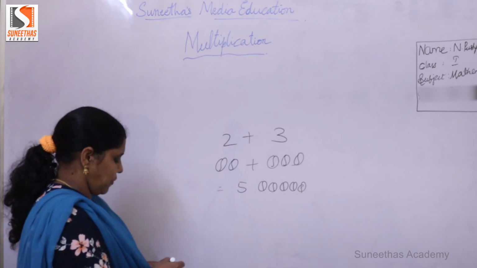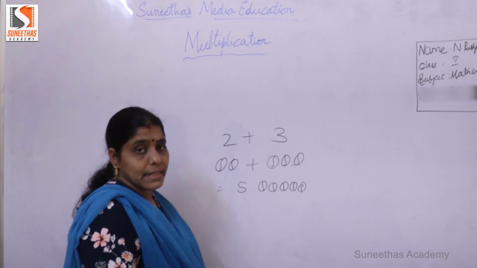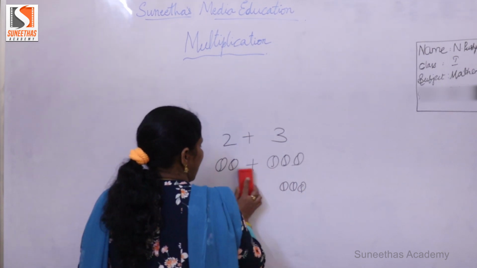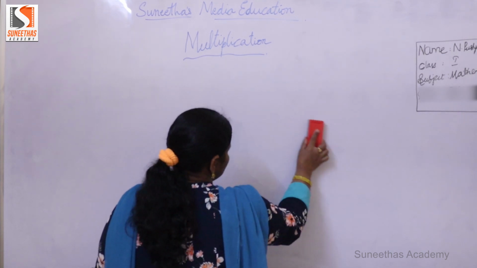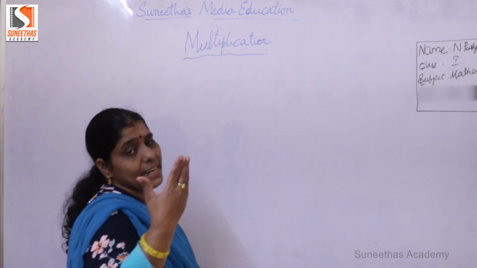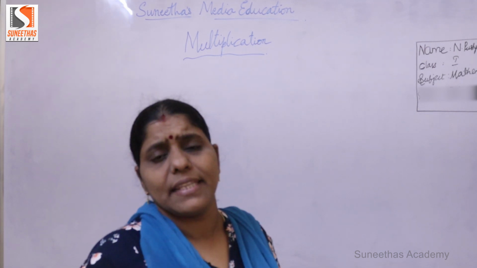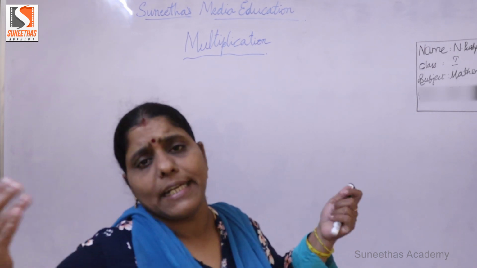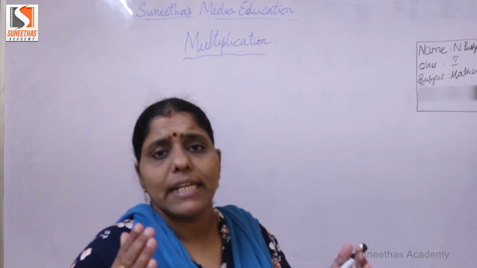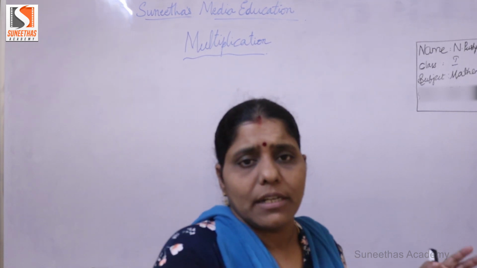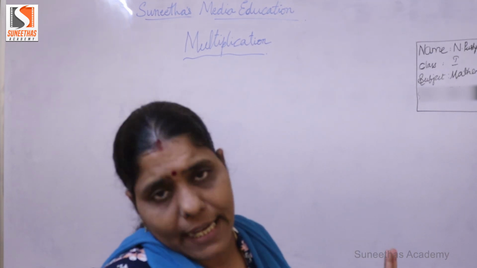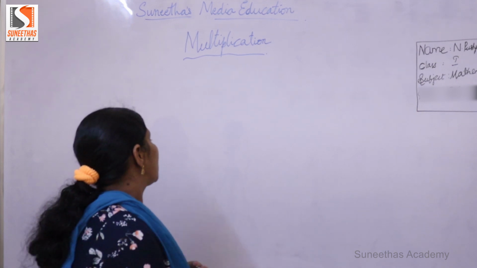In addition, if we put more together, you will get more. In the same way, multiplication is nothing but repeated addition. We can't repeat the number so many times, so in a short form we can do it in multiplication.